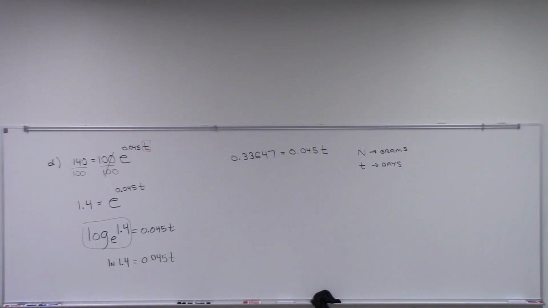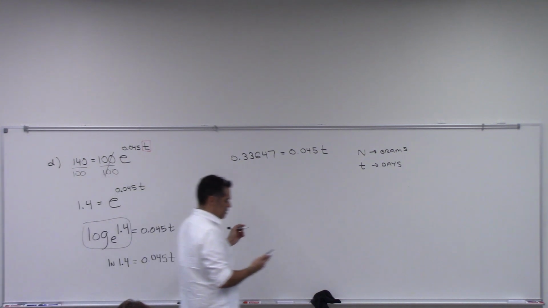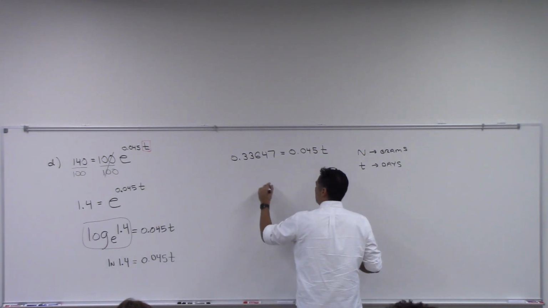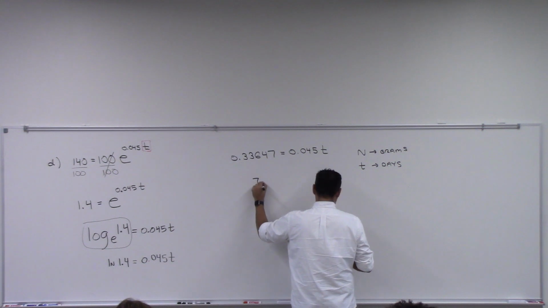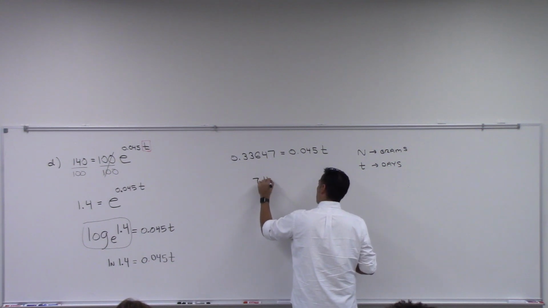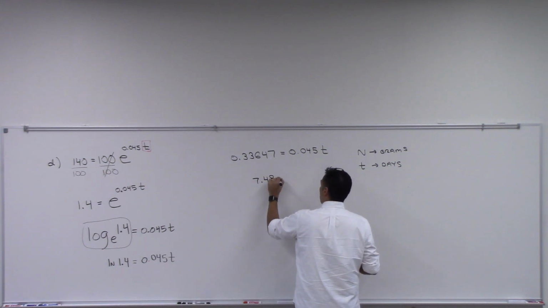Divide both sides by 0.045. I'm getting around 7.4, 7.5, somewhere around there. Yeah, it's not that important. 7.4, everyone's going to maybe have something a little different.